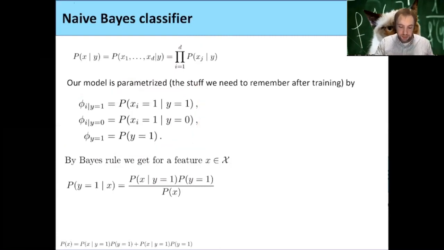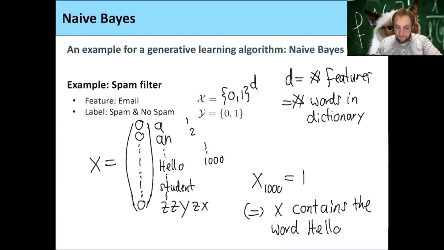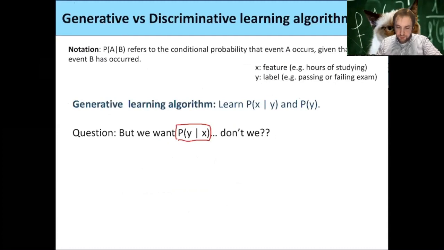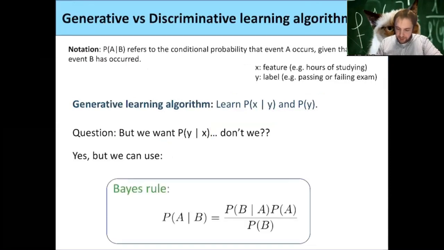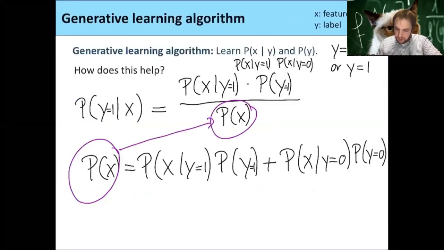So let me go back to the beginning. This here is what we want to learn. And maybe it's even better to look here. So we want to learn these things here. We want to understand the probability of a word appearing, or an email appearing, under the assumption that it's spam.